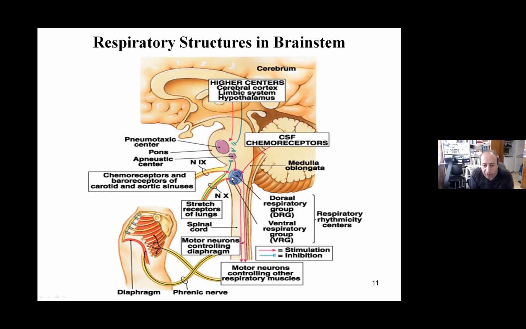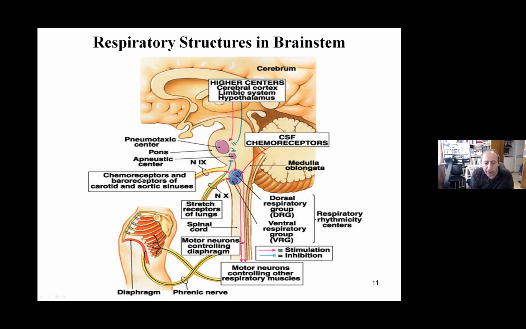Now there is input from the vagus nerve, number 10, the stretch receptors of the lung. As I said, if you cut the vagus nerve, you will get a modification in the depth of the breathing.